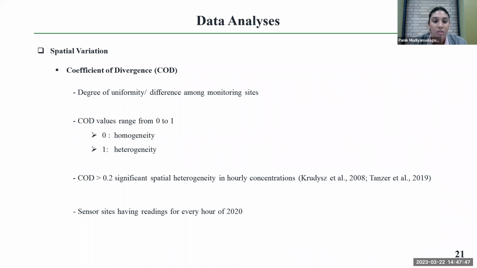Based on literature, we took a COD value greater than 0.2 to indicate significant spatial heterogeneity. The concentrations were hourly concentrations, and for this analysis, we only considered the sites having readings for every hour of 2020 to compare each of the hourly concentration points.